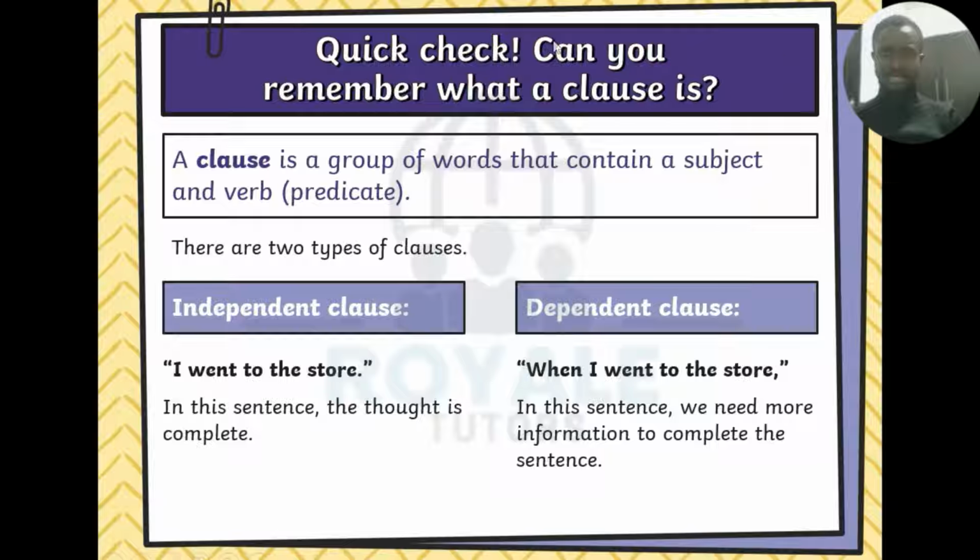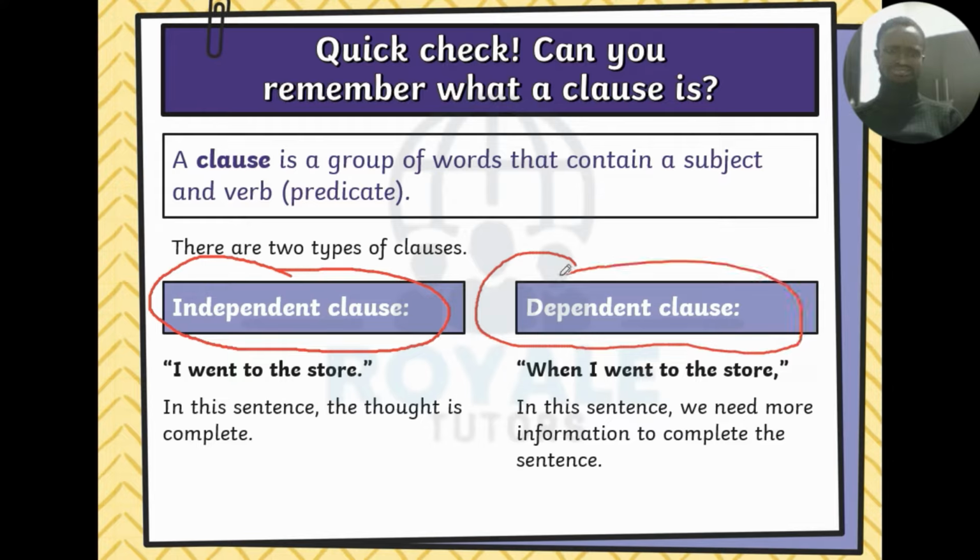All right? Now, very quickly, I want to put something on the screen. What exactly is an independent clause and what is a dependent clause? Do you have an idea? An independent clause is a group of words that has a subject and a verb and can stand on its own. It can make sense on its own.